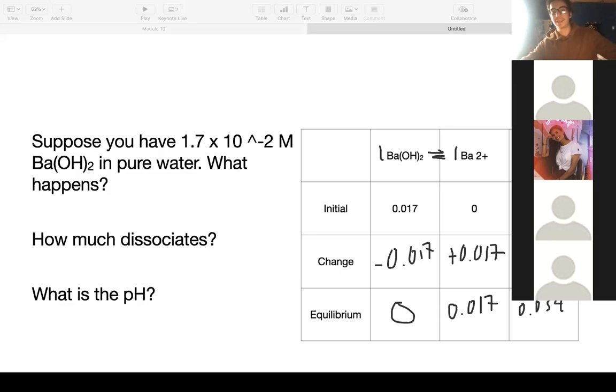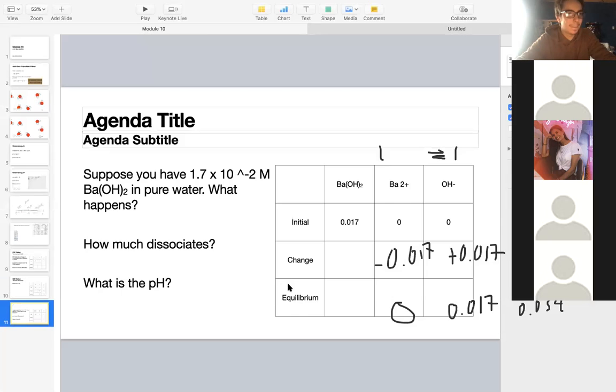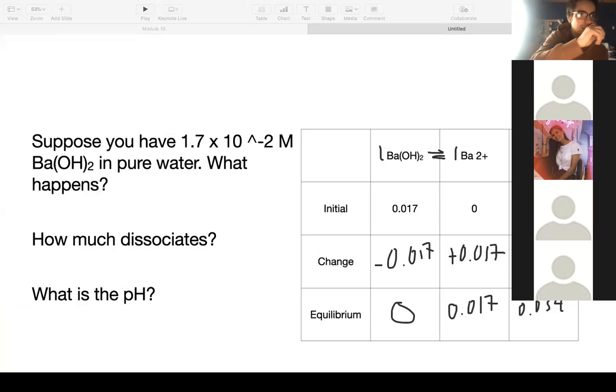So let's see. 12.5 for pH. That was pOH. Oh, true.